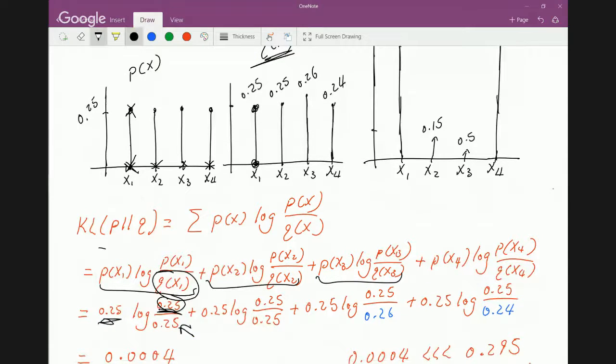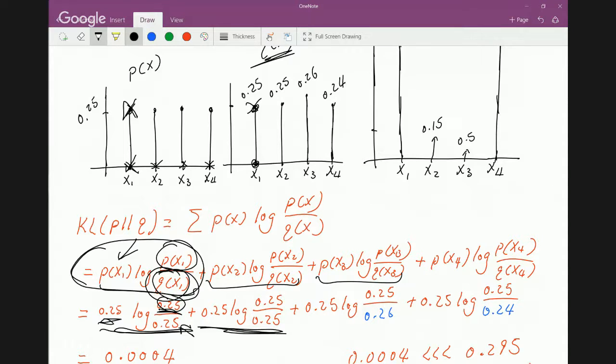The equation to look at is here: Px1 times the log of Px1 divided by Qx1. So this is Px1, this is Qx1, and I just plug the numbers in. And then the second point is the same, 0.25, 0.25.